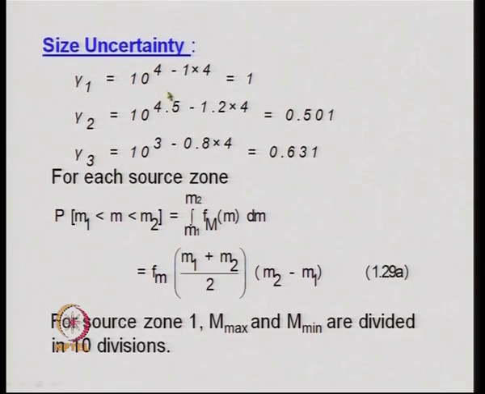So, assuming the maximum magnitude of earthquake and the minimum magnitude of earthquake as 4, one can calculate the exceedance rate of the minimum magnitude of earthquake for different sources. So, they are 1, 0.501 and 0.631 respectively.